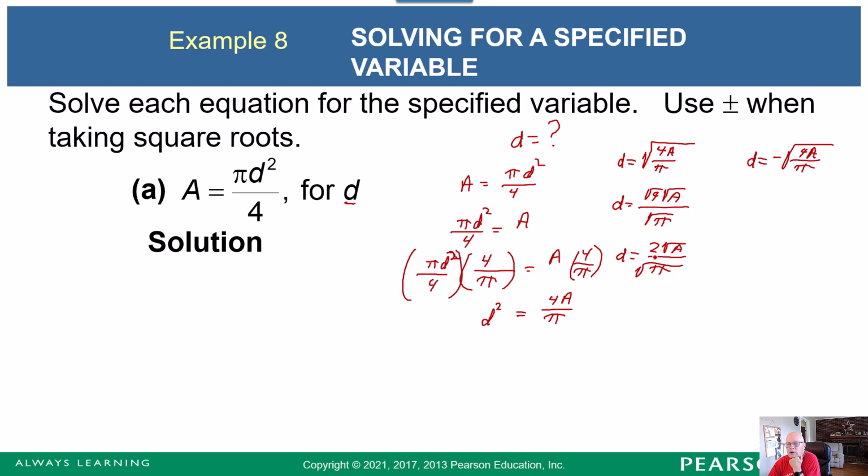And that's one possible way you can write that. Or since those are both square roots, you could write it as 2 square root of a over pi. One possible answer. That means up here, this one will be the same thing except a minus sign in front.